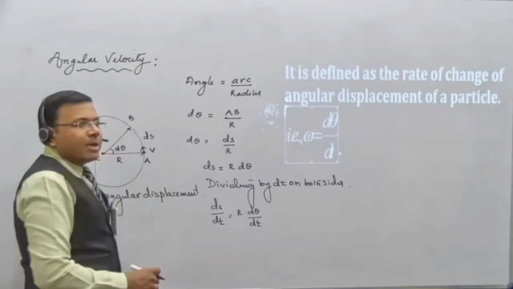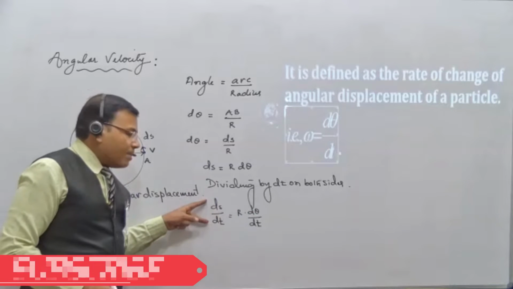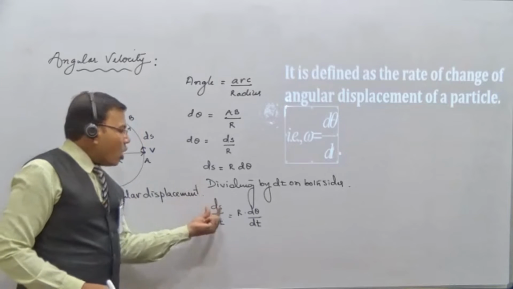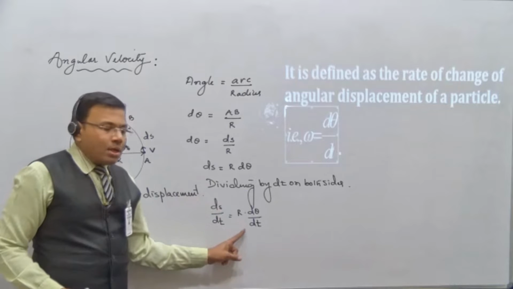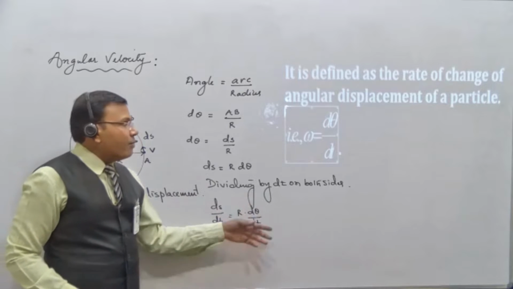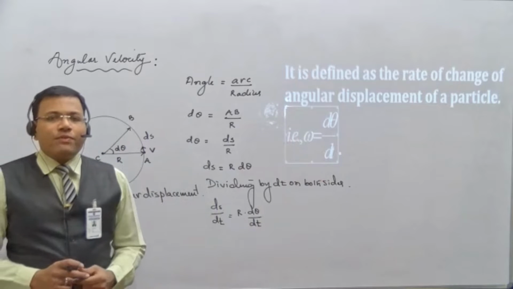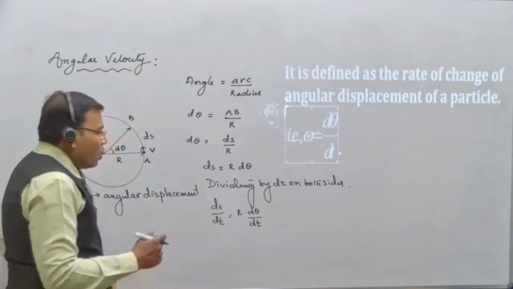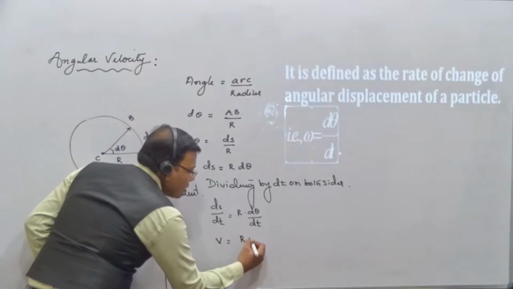Now, what is this ds by dt? It is the rate of change of displacement with respect to time, that is velocity. This r as it is. What is d theta by dt? It is the angular velocity, and that angular velocity we denote by omega. So v is equal to r omega.